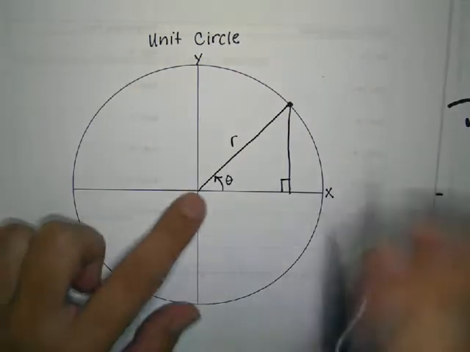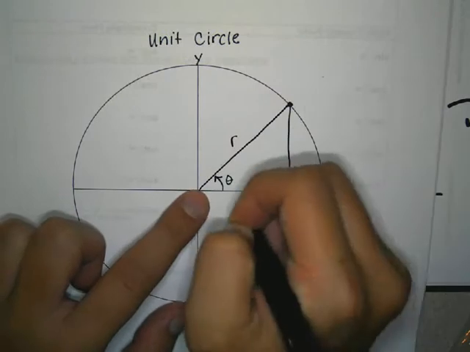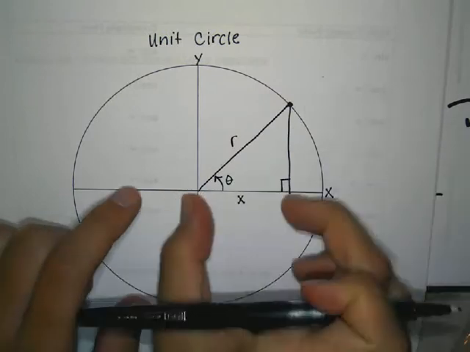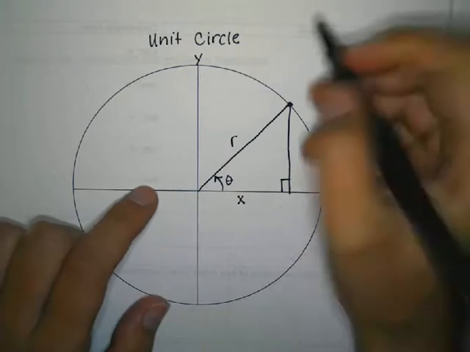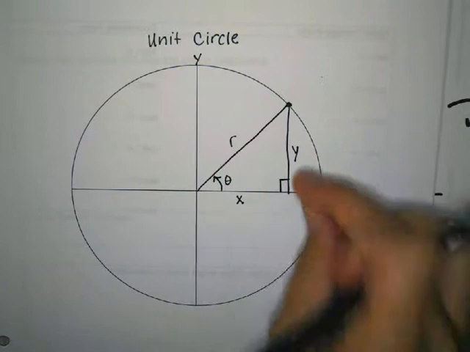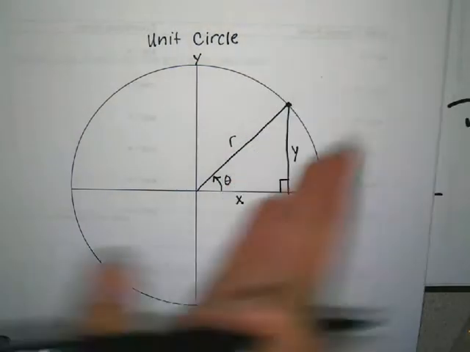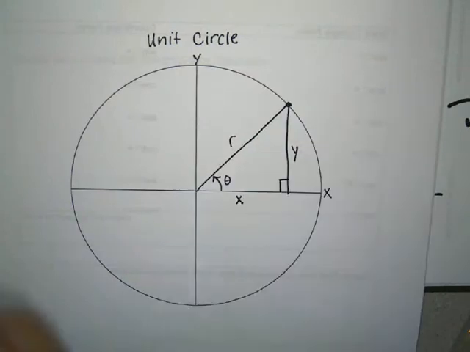And then this is some kind of x value because it's part of the horizontal axis, and this is some sort of y value. But those x's and those y's would change depending on, like even if we move this point a little bit, or the angle opened a little bit more, the x and y values would change.